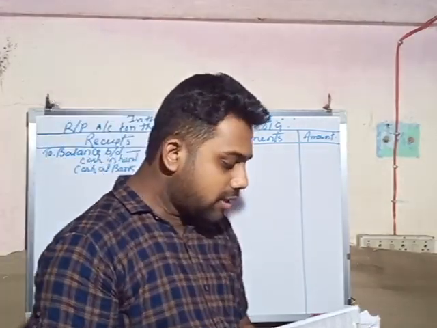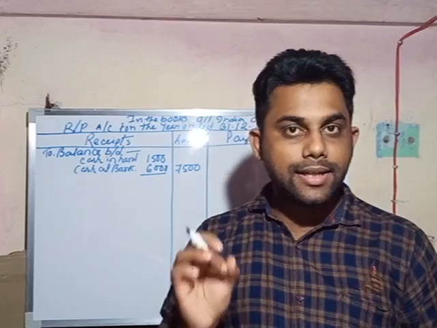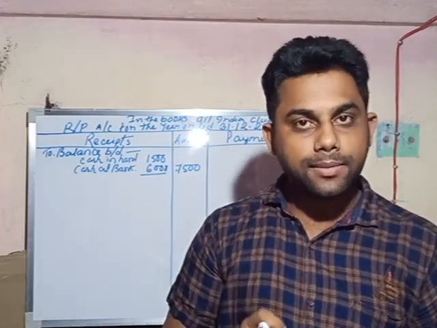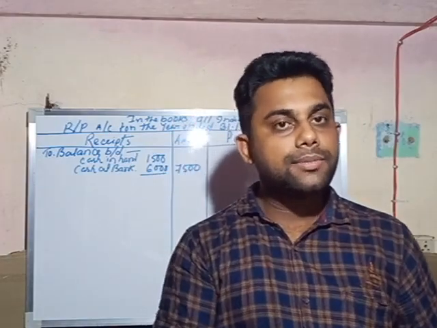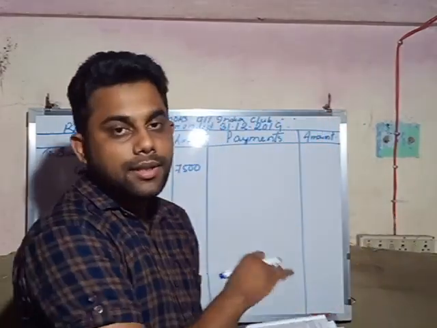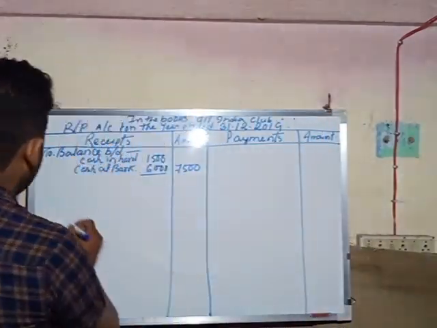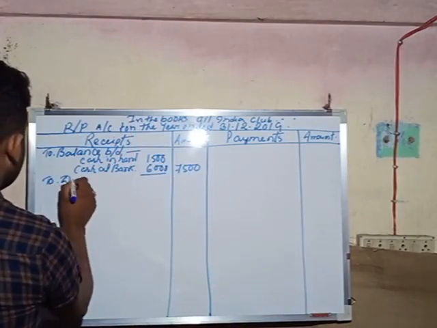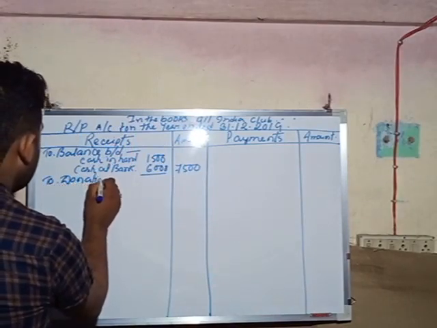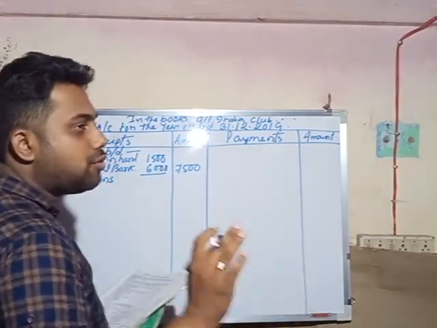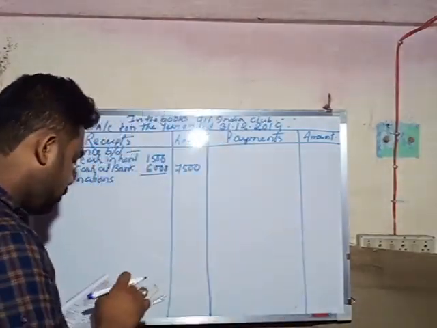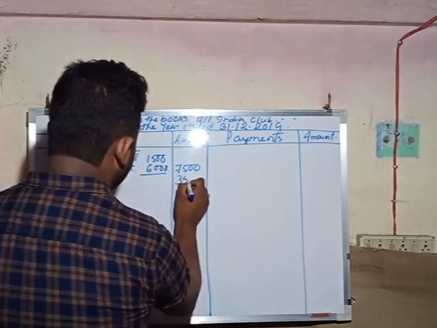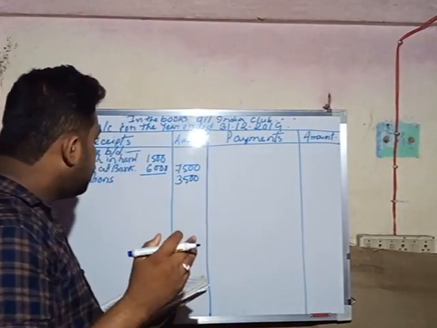Next one is the donations, that is a capital receipt. Whatever the amount, both capital receipts and revenue receipts will come in the receipts and payment account. So two donations, 3,500.